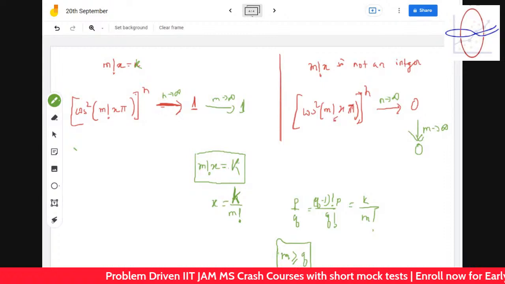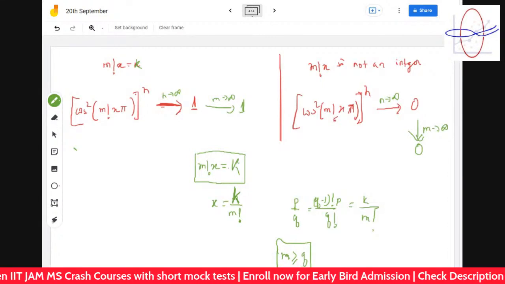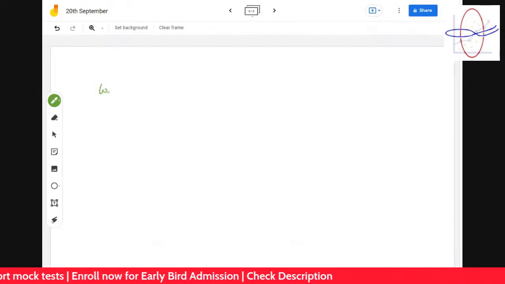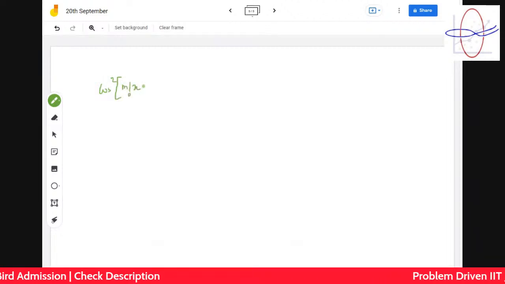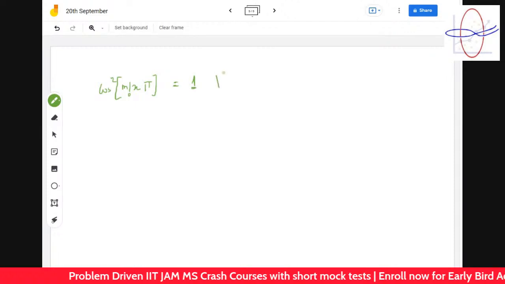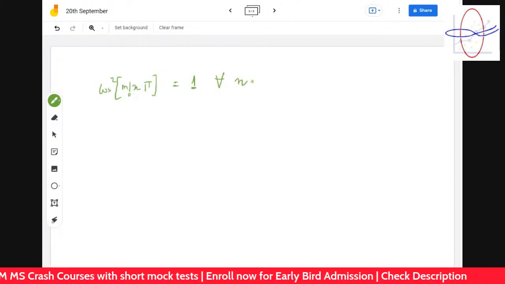That means, since limit m tends to infinity, it turns out that cos square m factorial x pi is equal to 1 for all m.